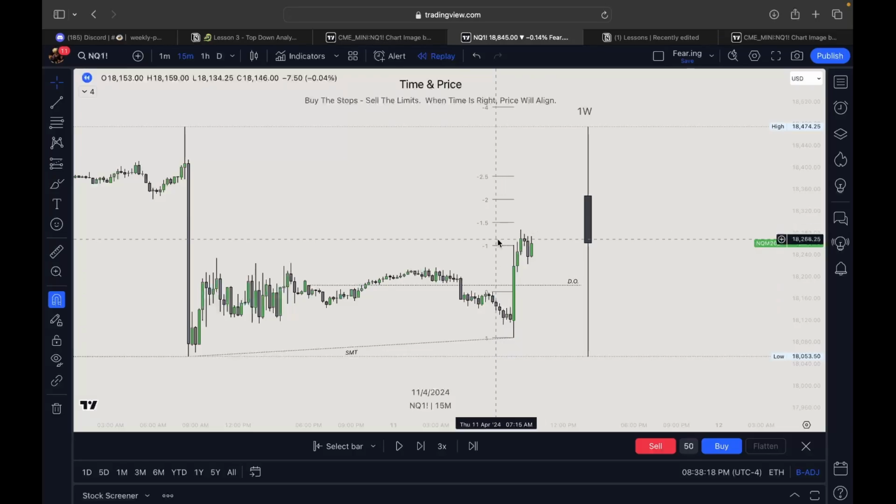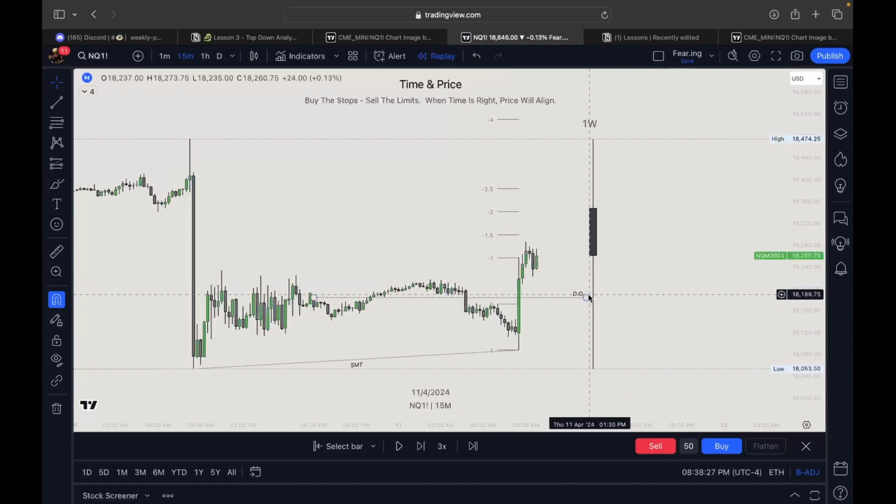For our accumulation days, even manipulation days, we can sometimes use the 5-minute, but usually 15 minutes is most consistent with the daily. With our weekly, we're looking at 1 hour / 4 hour. Little FYI.